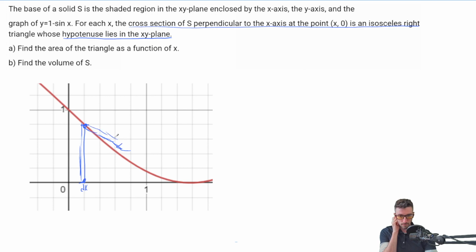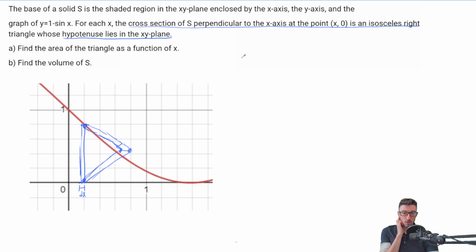Crappy drawing time. There you go. And that goes there. That goes there, and now it kind of looks a little bit more 3D, where the distance between here and here is just going to be dx.